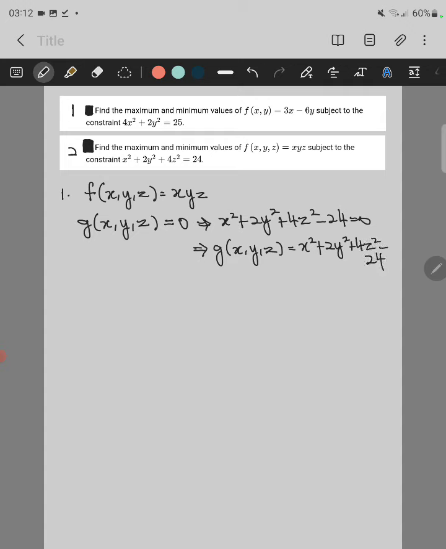Then in the second step, we apply our Lagrange multiplier, meaning that we need to have this.